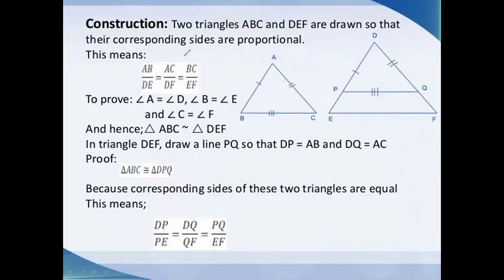So again, side AB is proportional to side DE. That is the first test. Second, side AC is proportional to side DF.